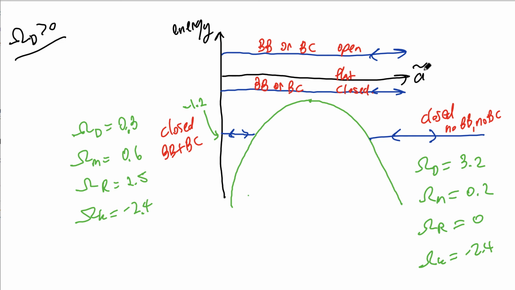Remember, a tilde equal 1 corresponds to the scale factor at the present time. And when you plot this graph using this set of parameters, you find that a tilde equal 1 occurs right about here. But when you plot the graph with this set of parameters, you find that a tilde equal 1 is over here. Of course, our primary interest is our own universe.